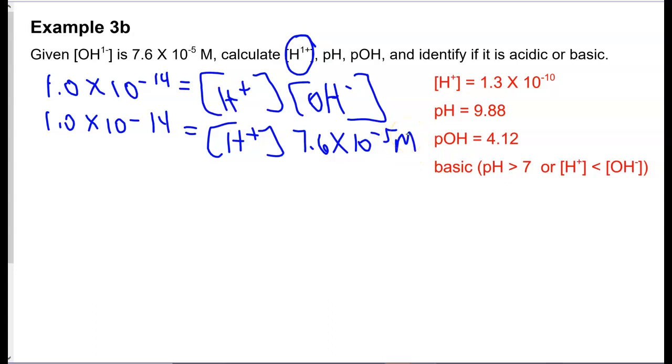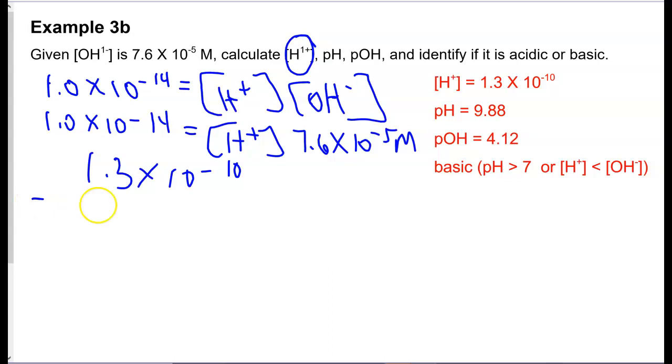So now we're going to take 1.0 times 10 to the negative 14th and divide to isolate our unknown, 7.6 times 10 to the negative 5th, and I get the answer that we see in red over there, 1.3 times 10 to the negative 10th.